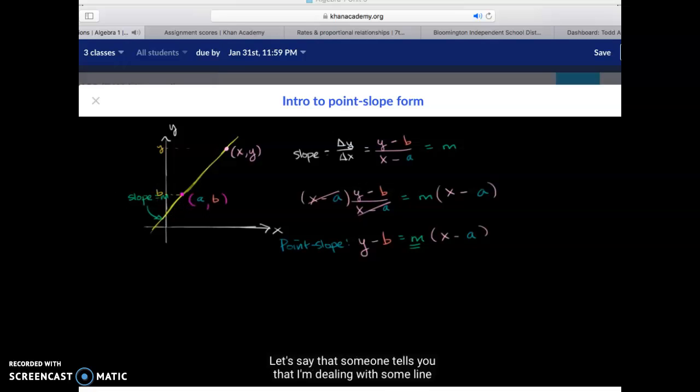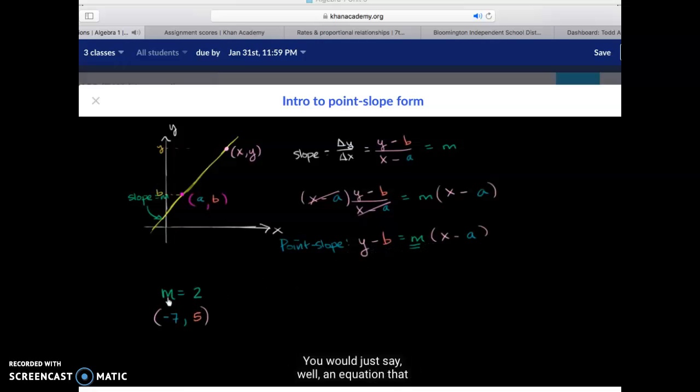Let's say that someone tells you that I'm dealing with some line where the slope is equal to 2, and it goes through the point, I don't know, let's say it goes through the point -7, comma 5. So very quickly, you could use this information and the fact that and your knowledge of point slope form to write this in this form.